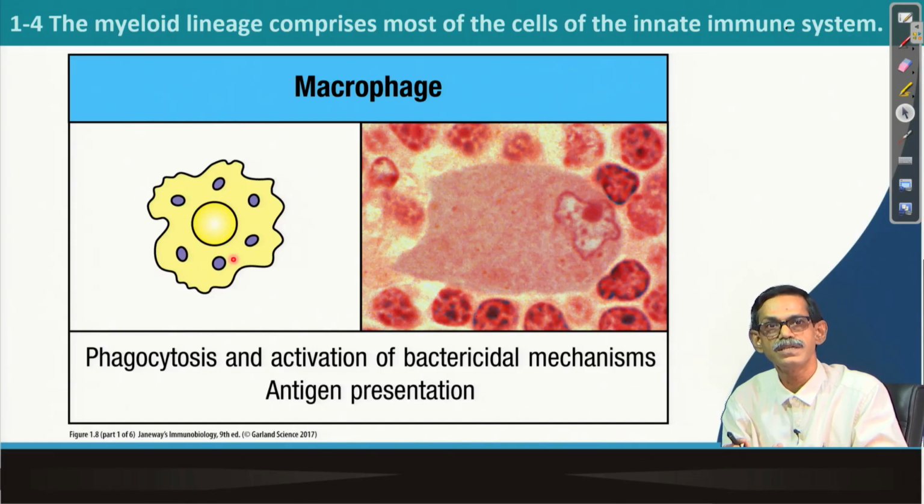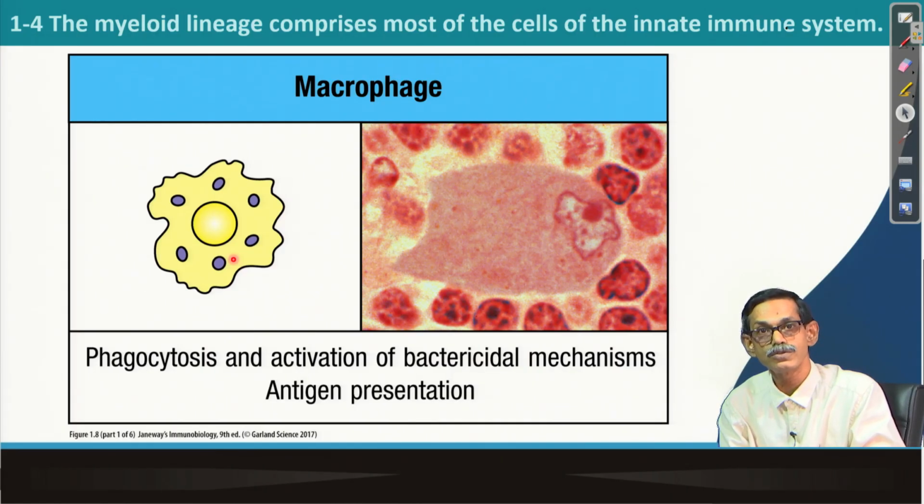It basically does phagocytosis and activation of bactericidal mechanisms, and it also does antigen presentation. I will come later to what this antigen presentation is, which is very, very important. Okay. So, antigen presentation is one of the major roles, along with phagocytosis. Macrophage is also doing the cleaning up of mess that we already told in the last class.